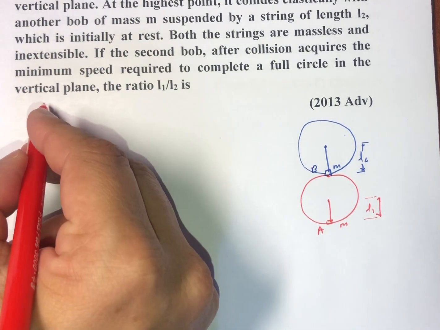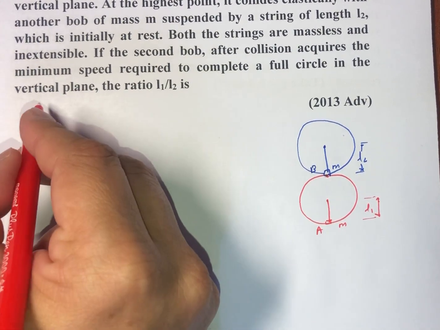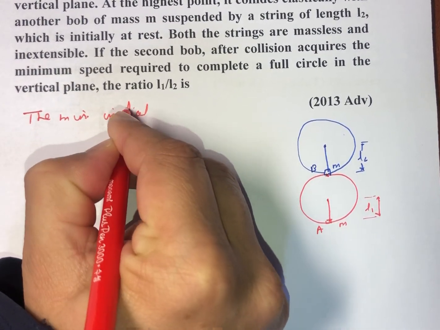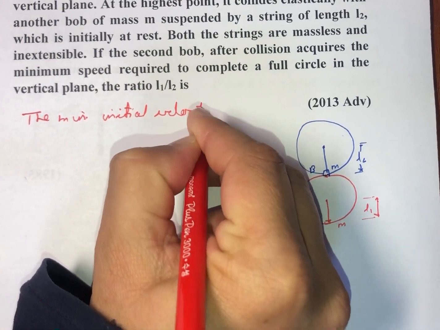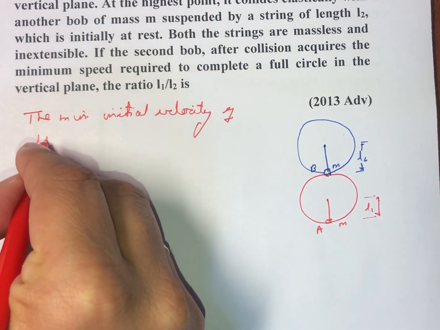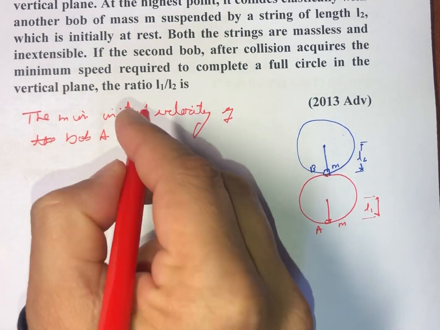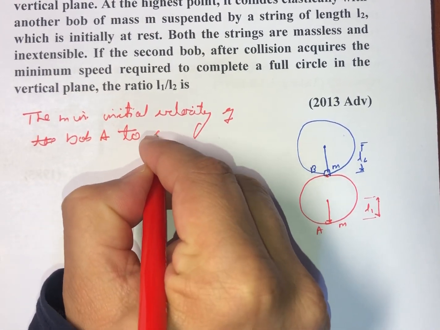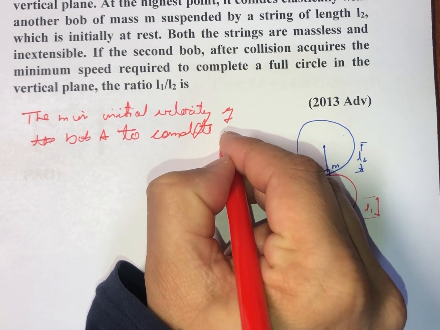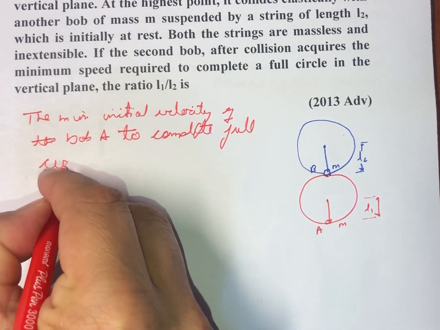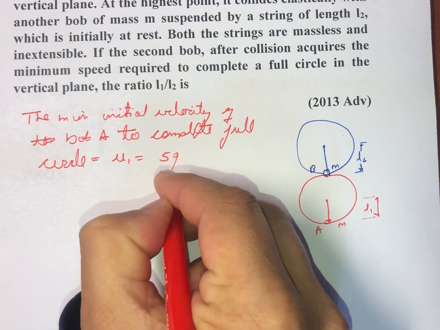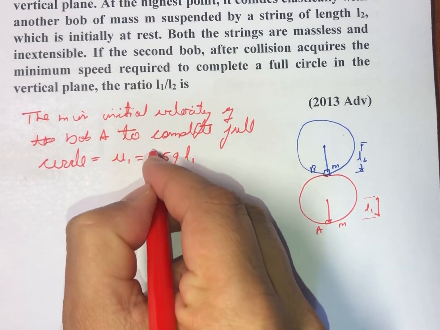So the minimum initial velocity of bob A to complete a full circle is u1, which is equal to the square root of 5gL1.